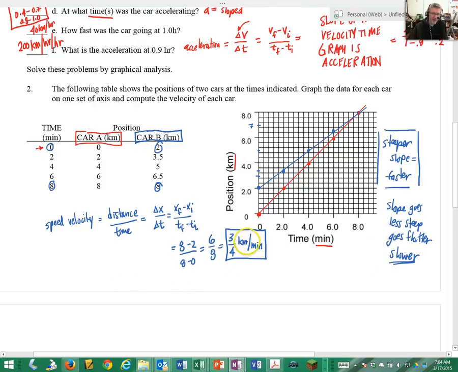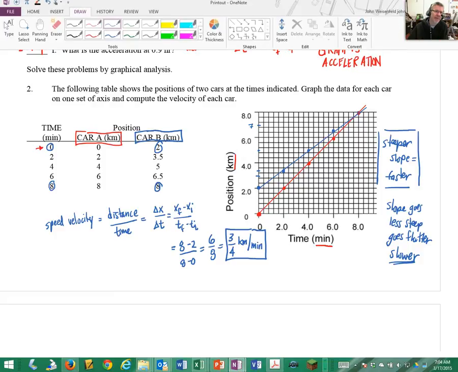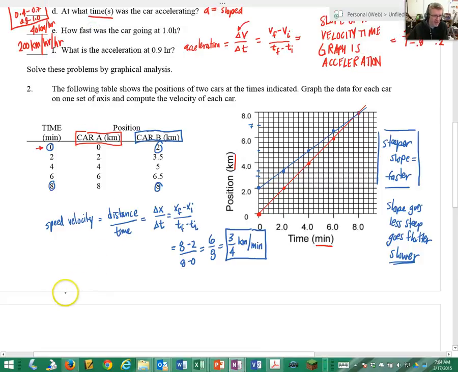So I would expect the red car to be moving at a faster speed than 3/4 of a kilometer per minute. So let's get my red pen out and do the speed of the red car. The speed of the red car is distance divided by time. That equals final position minus initial position divided by final time minus initial time.